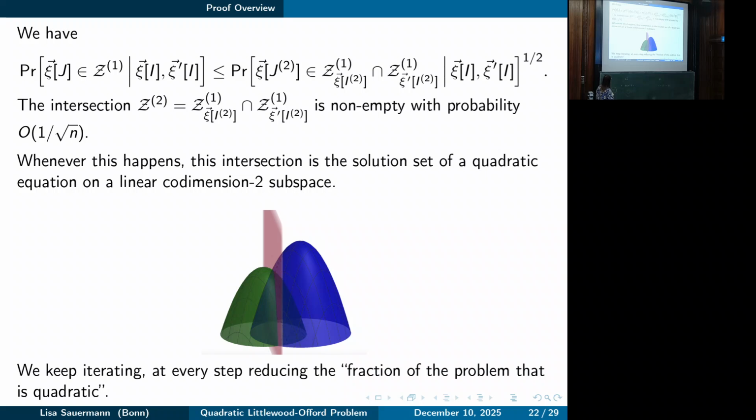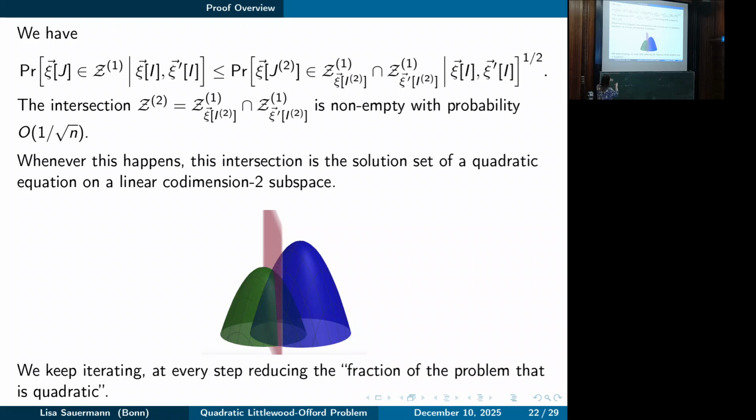That means at every step, the intersection does not get horrendously worse with way more quadratic equations. At every step, you get one more linear equation, so the linear subspace gets one more codimension, but you keep just a single quadratic equation. That's very important because otherwise this would completely blow up.